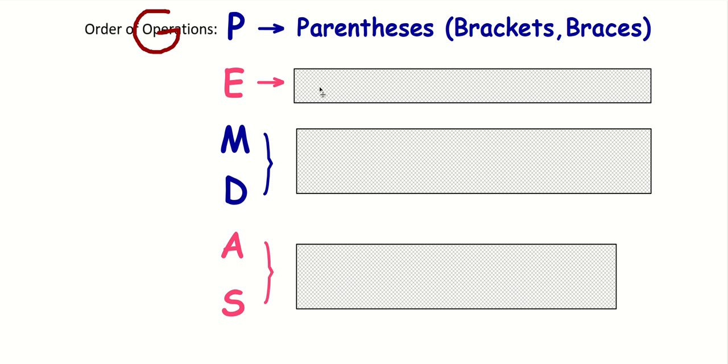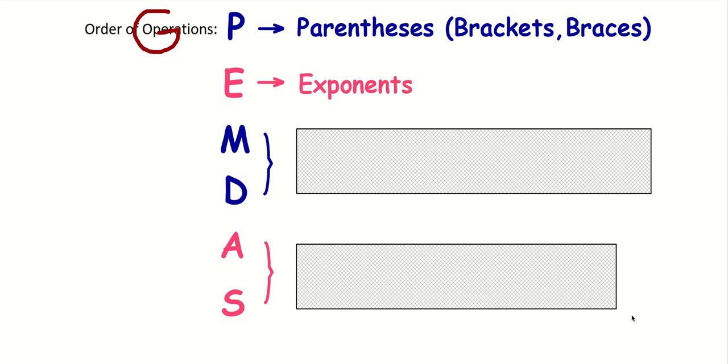The next level would be any exponents. And in the GERMDAS acronym, you could also say R for roots, because they would have the same level of importance or the same ranking in this hierarchy, right? So you would do exponents or roots next. Then the M and the D are together on the same level.